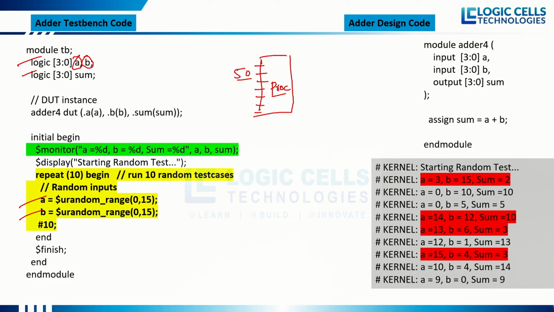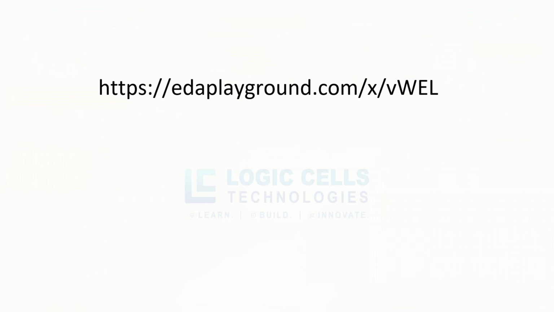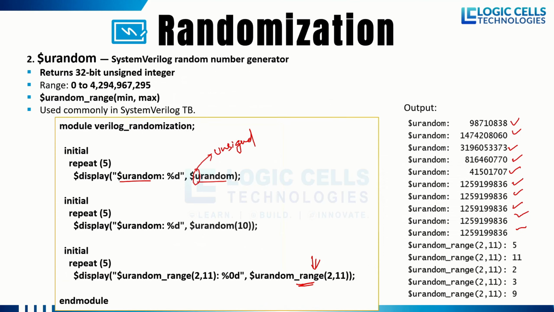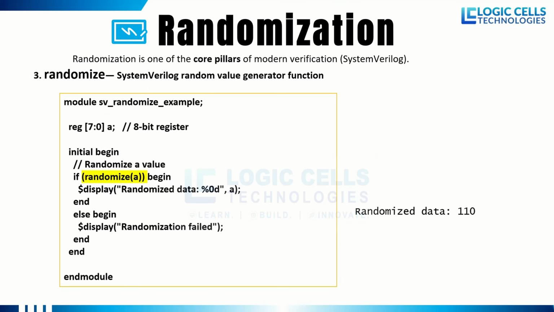Will you write 50 signals and randomize like this? Is it possible? No, it's very difficult. 50 times we need to provide, and we need to provide the range. That is a tedious process, even if you randomize them. So we have a random number generator in SystemVerilog called randomize.